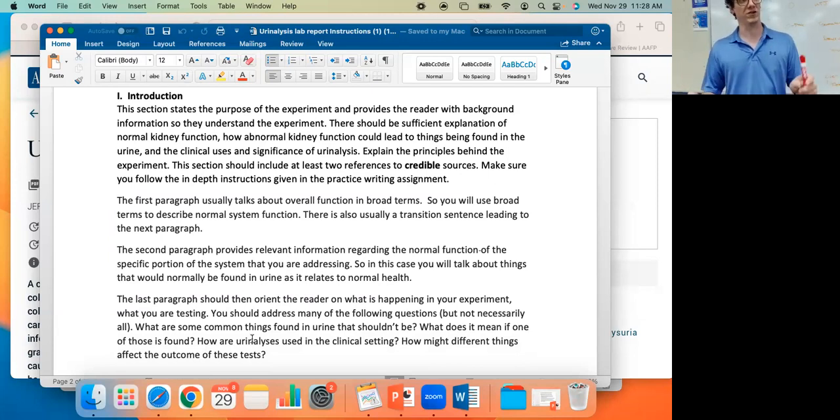You shouldn't find blood, you shouldn't find glucose, and then talk about why you wouldn't find those things, why it would be important to find out if those are present in someone's urine and what that tells you about not just their health and their kidneys, but their overall health. Like glucose being found in the urine tells us, hey, we either have major kidney problems or we have diabetes. Both of those are going to affect overall health of the organism, of the person, not just that system, right? So you can use those as talking points, okay?